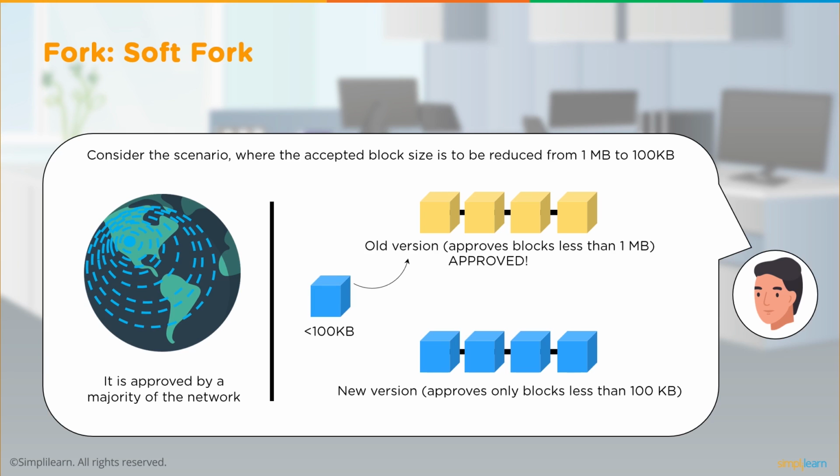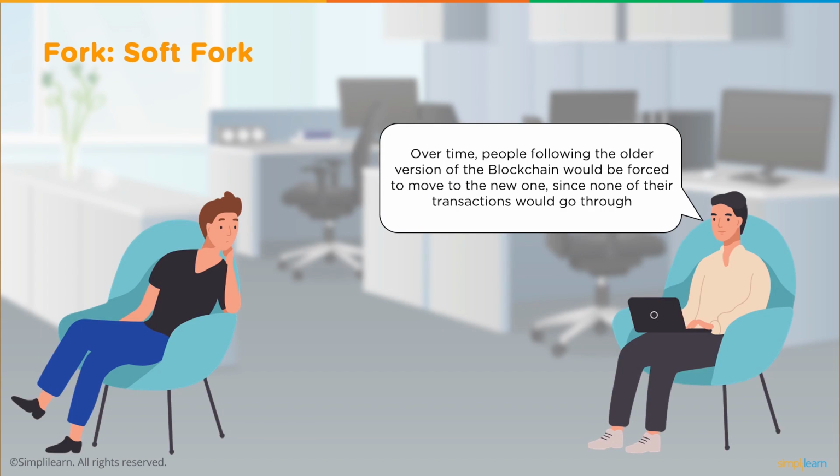So anything which is less than 100 KB will be approved and will be added to the new block. So over time, people following the older version of the blockchain would be forced to move to the new one since none of their transactions would go through. So basically, people using the old blockchain, using the 1 MB block size, their transactions will not succeed and they will be forced to use the 100 KB block.